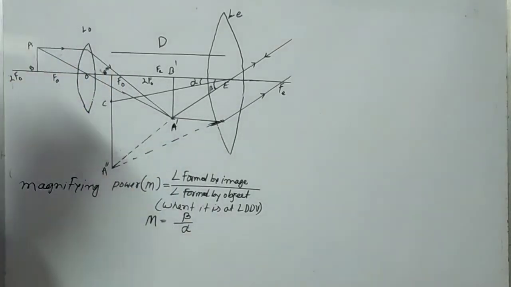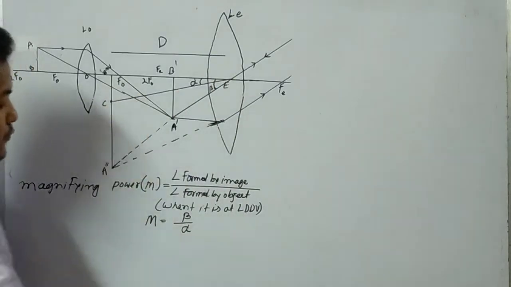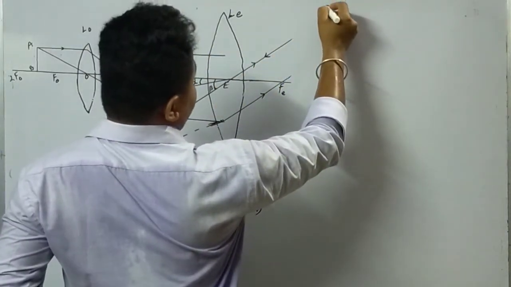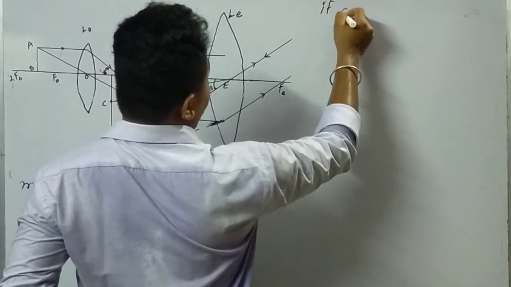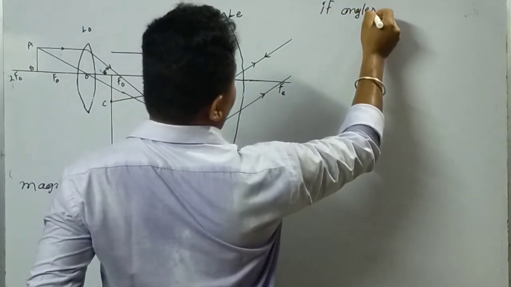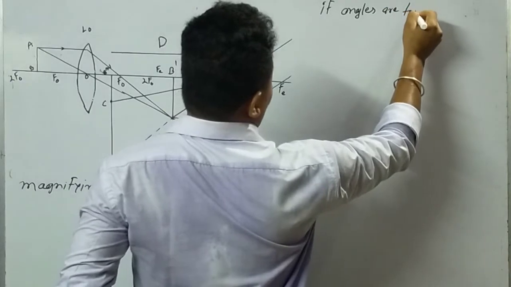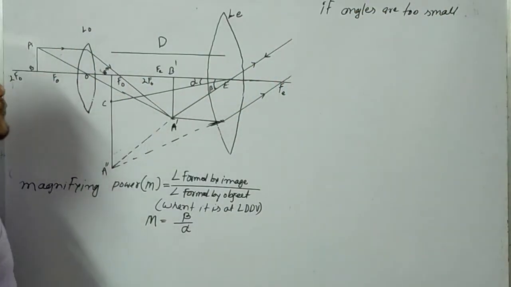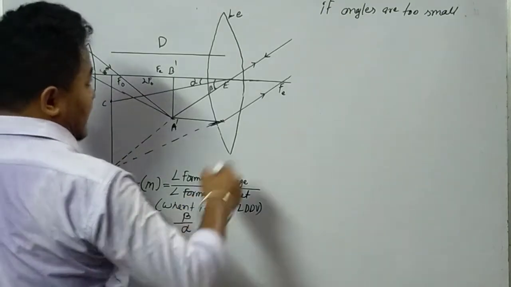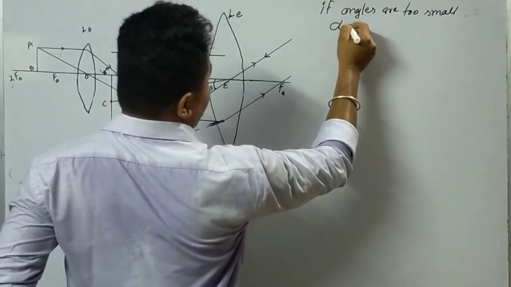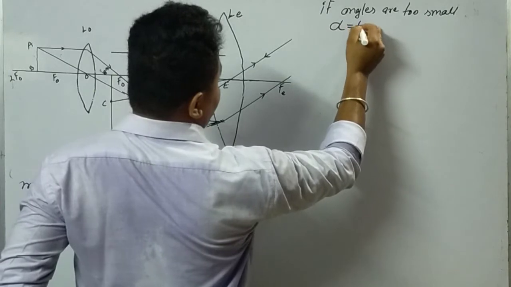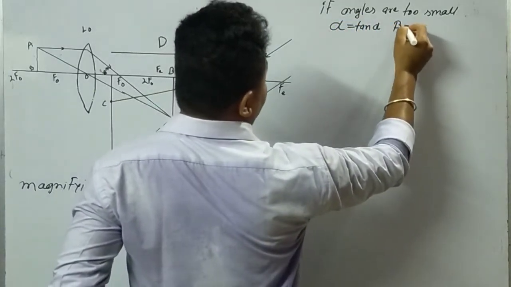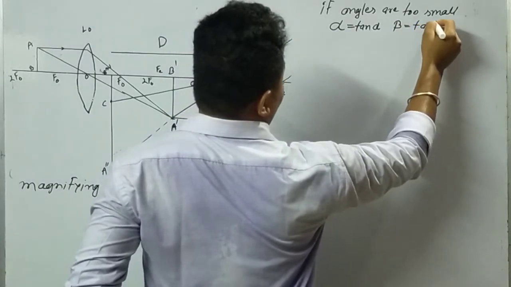So if I consider that these angles are too small, then we can write that alpha is equal to tan alpha and beta is equal to tan beta.